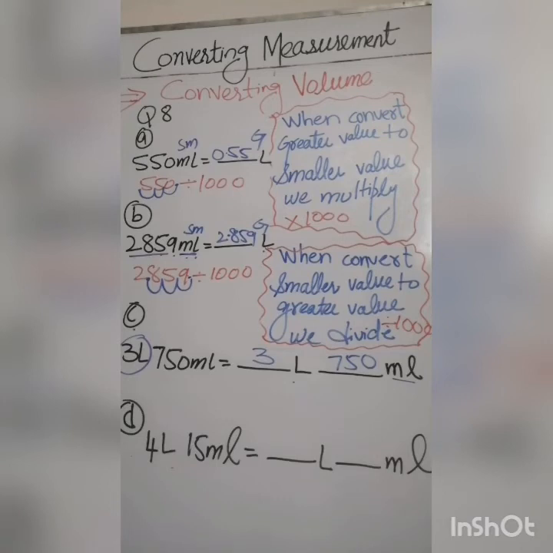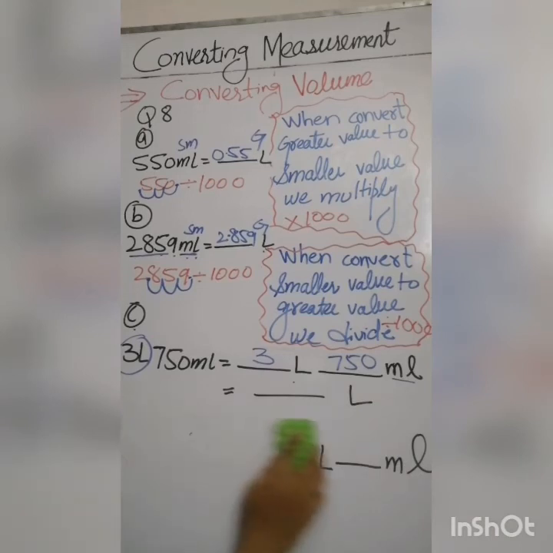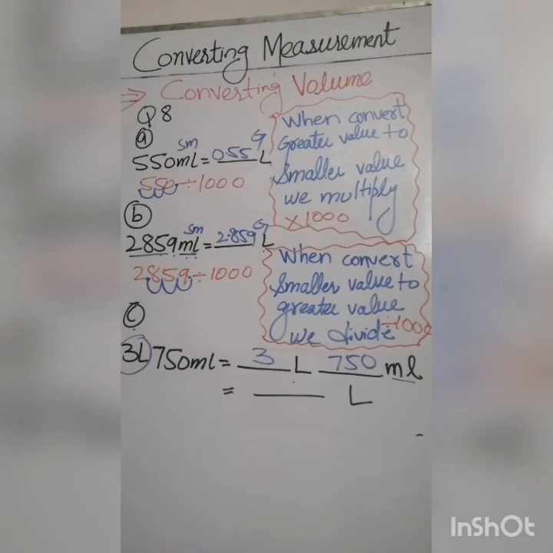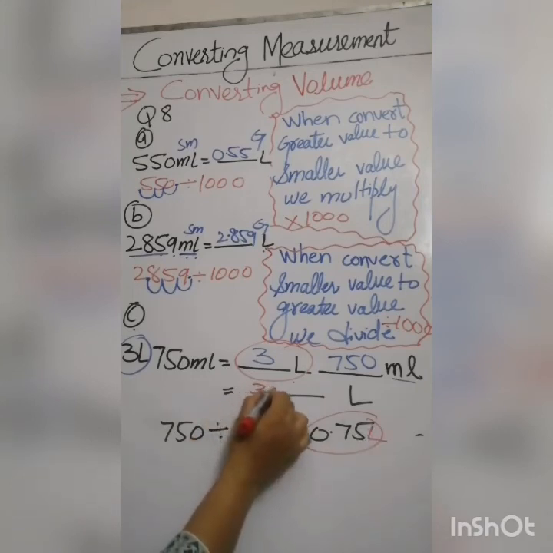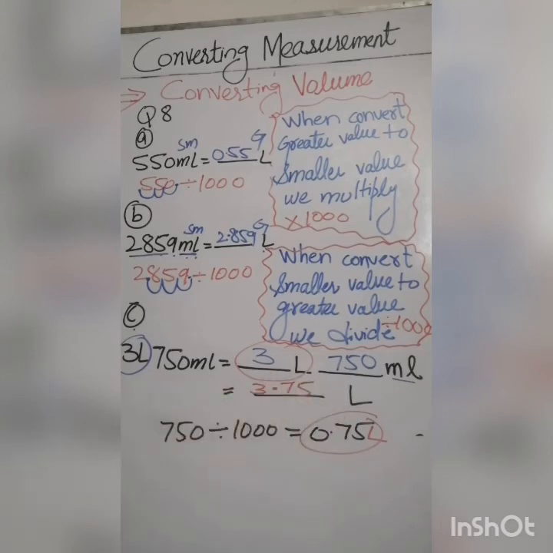When we convert it into whole liters, what do we do? We just divide 750 by 1000 and we get 0.75. When we combine 3 liters and 0.75 liters, we get 3.75 liters.